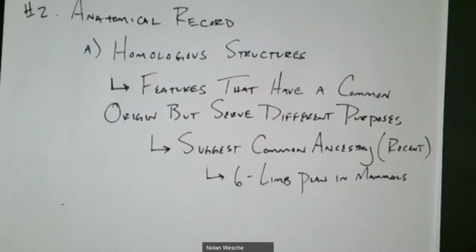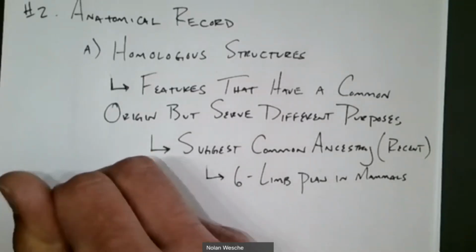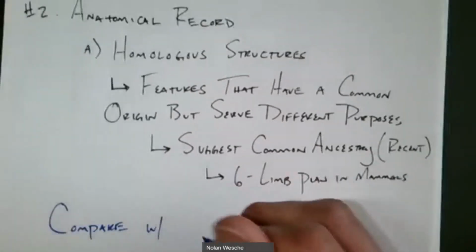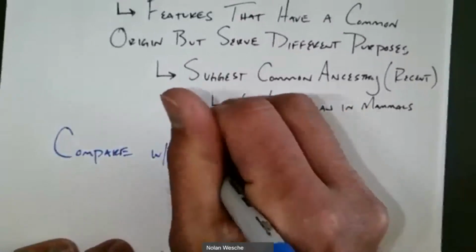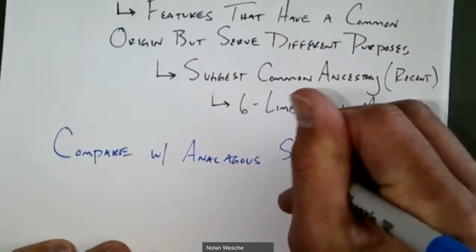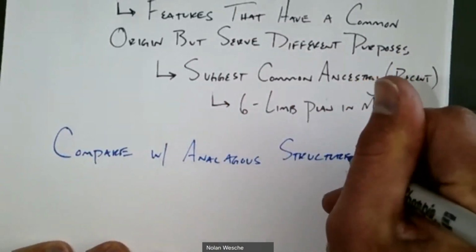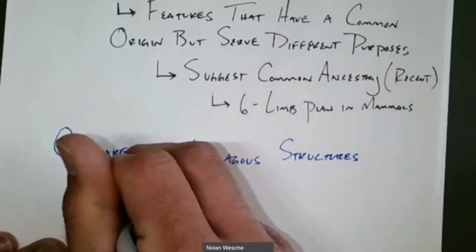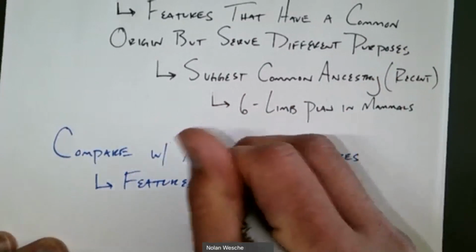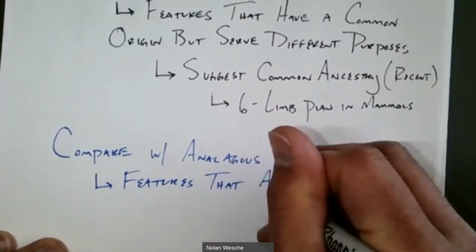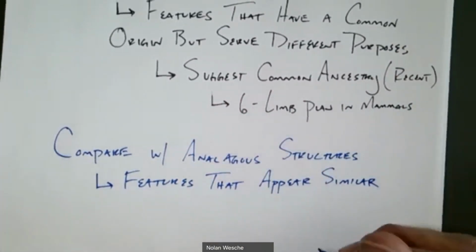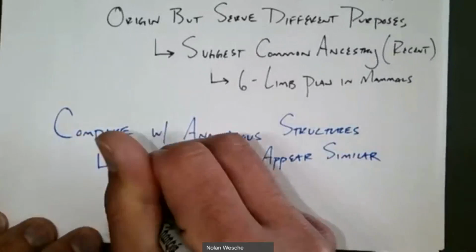So we'll go ahead and make a note of that. We're going to say that when you compare these homologous structures with analogous structures, these analogous structures are features that appear similar due to selection.